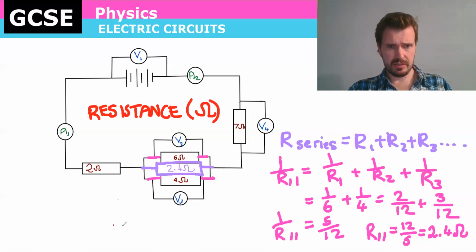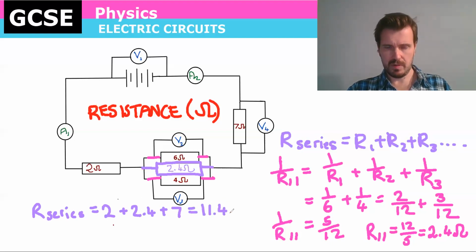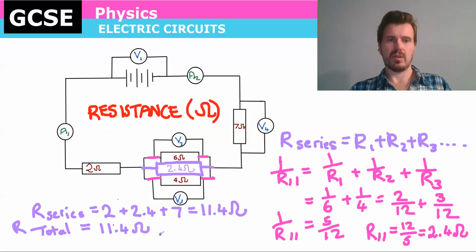Okay, so now let's do the resistors in series. So R series equals 2 plus 2.4 plus 7, which is 11.4 ohms. And this is my total resistance, R total of the circuit, equal to 11.4 ohms.